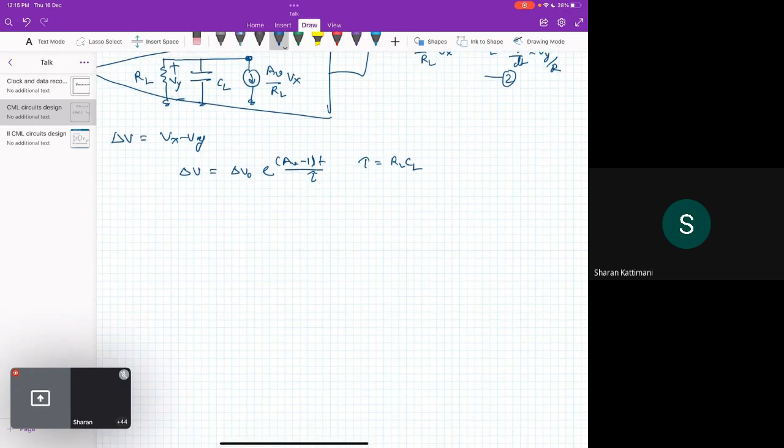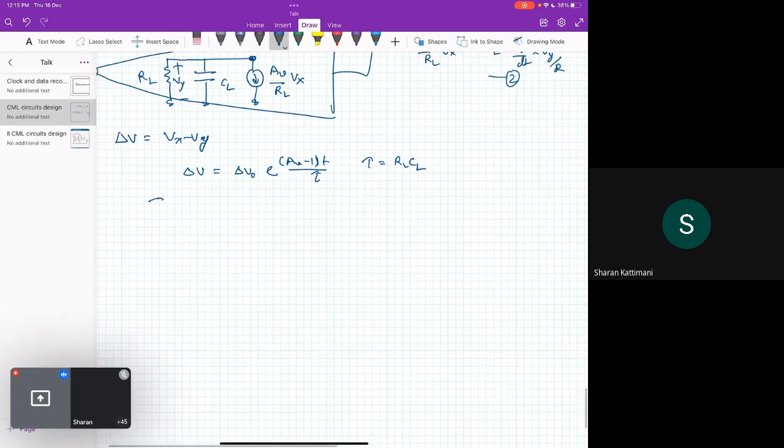Okay, so by using this we can actually get tau latch, and it is tau by (AV minus 1), it is RL CL by AV, which is equal to CL by GM.